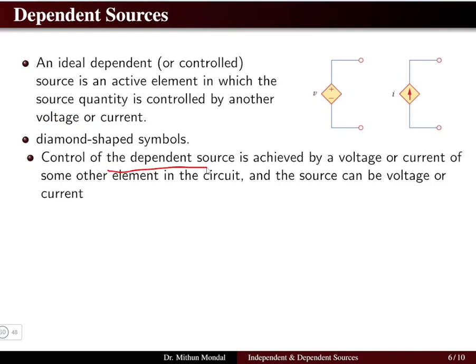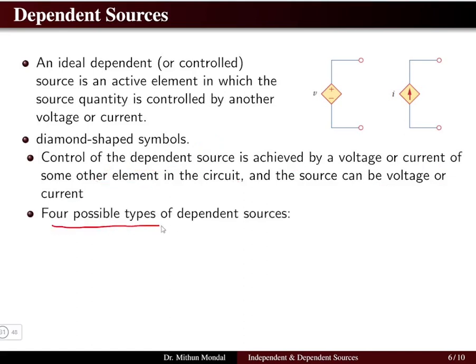Control of the dependent source is achieved by a voltage or a current of some other element in the circuit. So in a network having many elements, the dependent source, that is the voltage or current source, will be dependent on some other element. Basically, 4 possible types of dependent sources can be there.